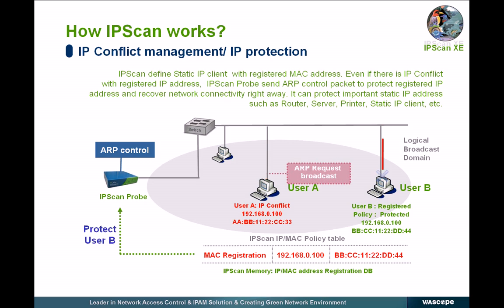If this conflict happens, neither user A nor user B can access the network. IPscan detects this conflict and informs all network devices in the same broadcast domain, for user B's sake, that user B is the first owner of the problem IP. As a result, user A can't access the network while user B regains access to it.